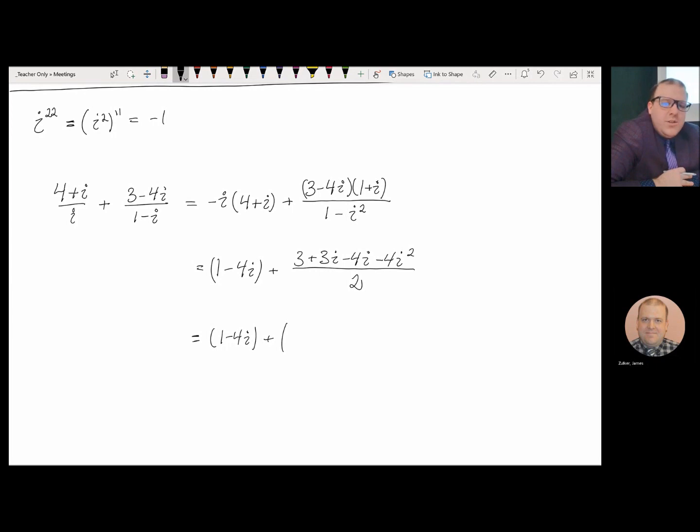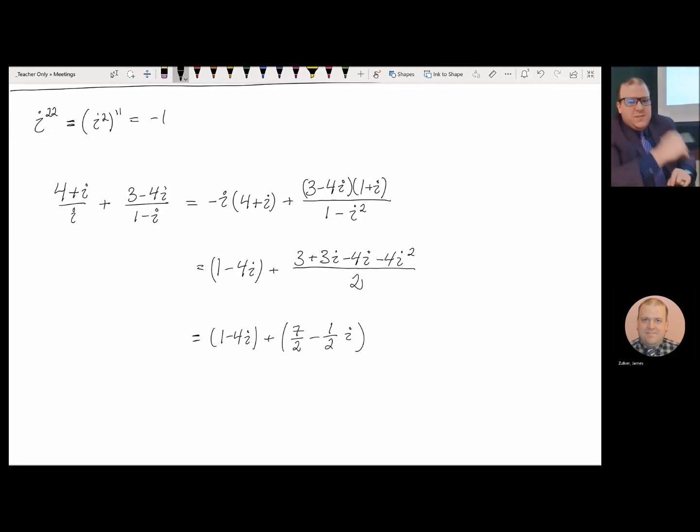Three minus 4i squared is 3 plus 4, which is 7. 3i minus 4i, negative i. So this problem is 1 minus 4i plus 7/2 minus a half i.